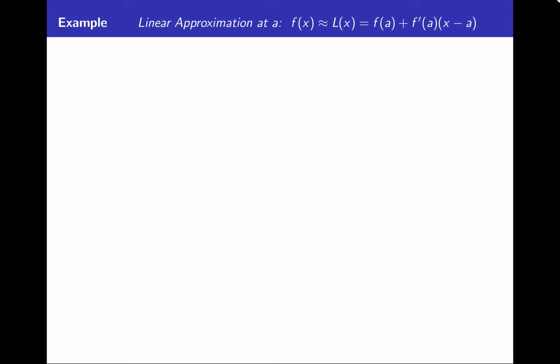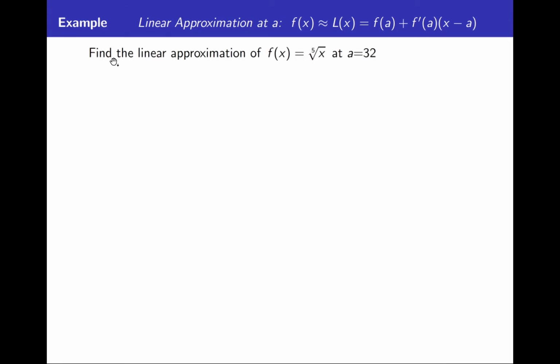Let's do an example. And here for reference, up at the top, I have our formula for linear approximation at a from the previous slide. f of x is approximately equal to the linear function L of x, which is f of a plus f prime of a times x minus a, for values of x that are close to a.